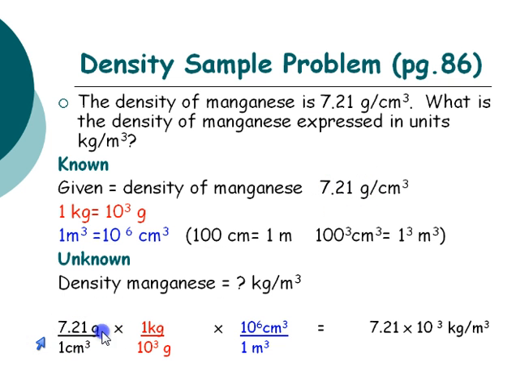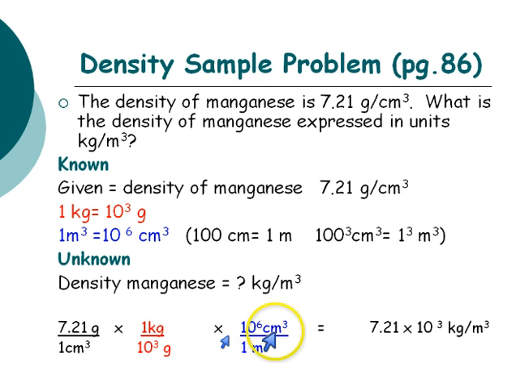We're converting grams to kilograms. So 1 kilogram is 10 to the 3 grams right here. Here's my conversion. I've color-coded. If the grams cancel out and we stop there, we'd have kilograms over cubic centimeters. And we want cubic meters. So now we have to convert.